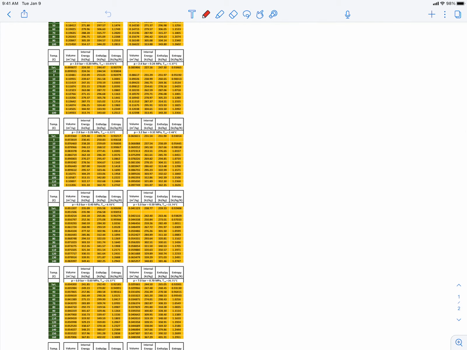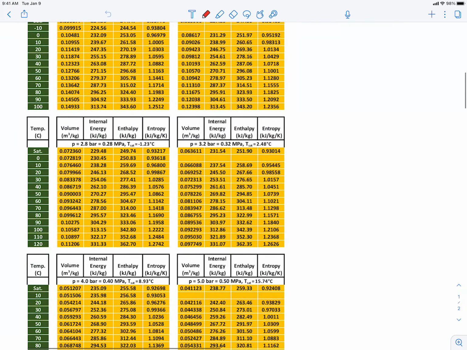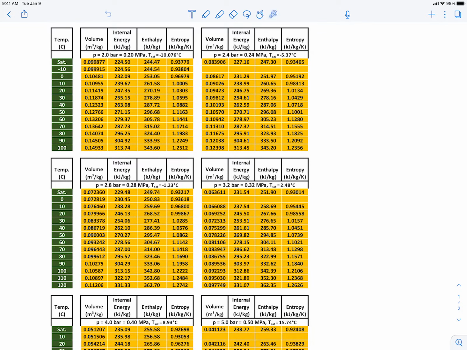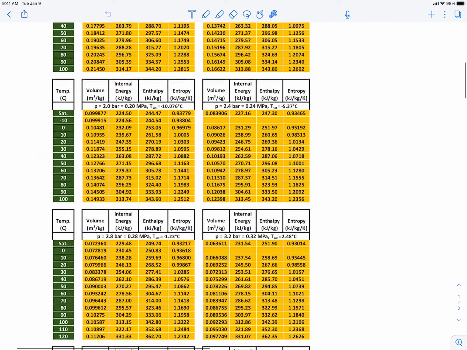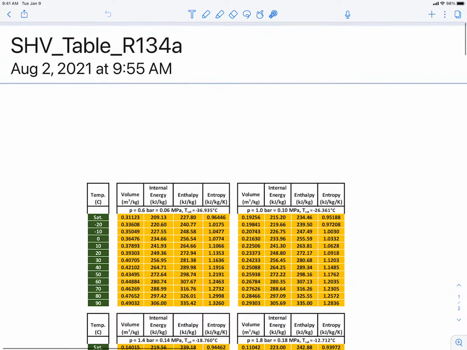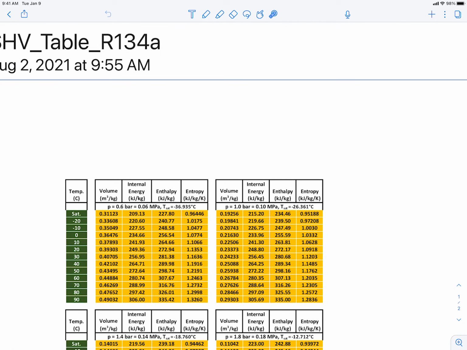So that's given right here. And remember, we're dealing with 100 degrees C, so we're going to want to look at the values for 100 degrees C in here. This is the superheated vapor table for 134A.